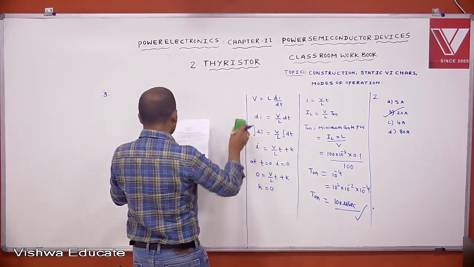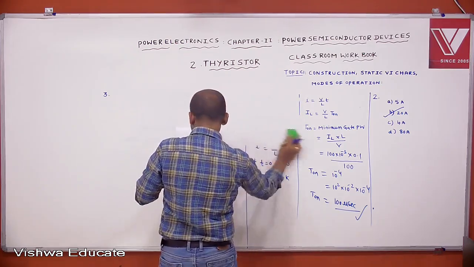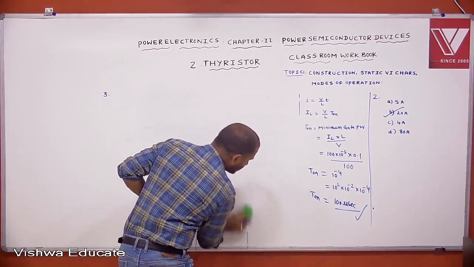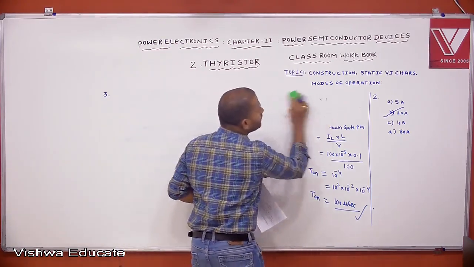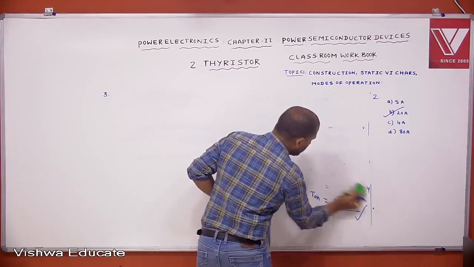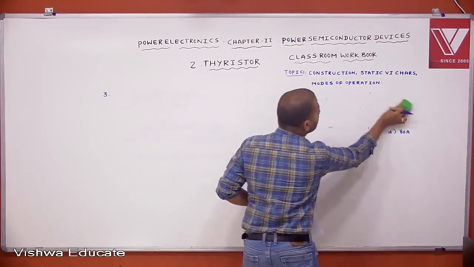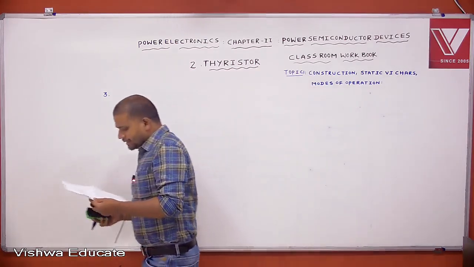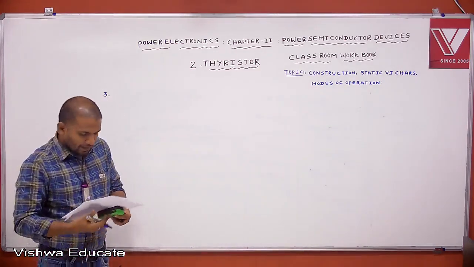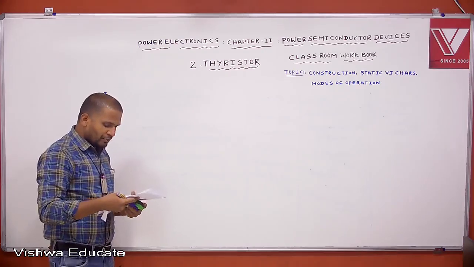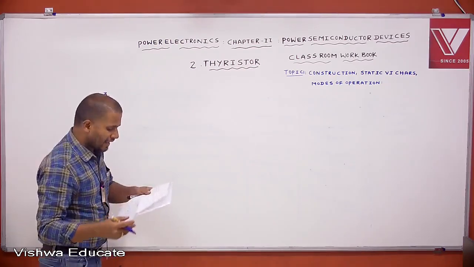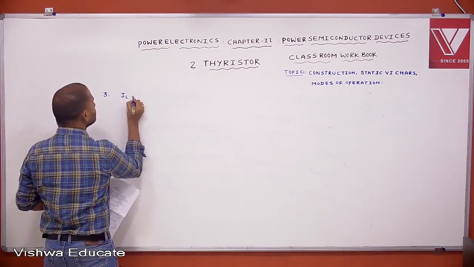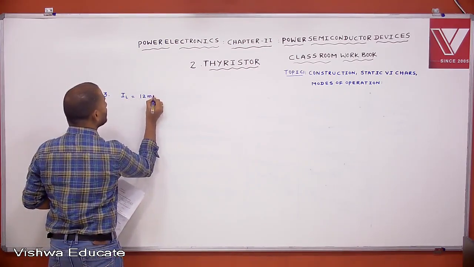In SCR, latching current is 12 milliampere. Then its holding current is dash. What is the latching current? 12 milliampere.